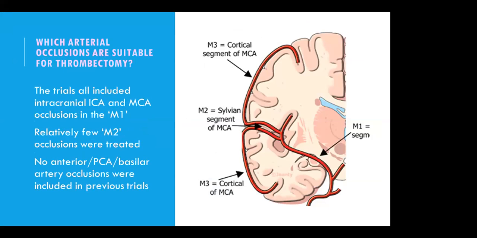All the trials included intracranial internal carotid artery and MCA occlusion in the M1, and relatively few M2 occlusions were treated because they are quite distal, and no anterior cerebral, PCA or basilar artery occlusions were included in the previous trials. So at this moment, we are looking into internal carotid and M1 segment and rarely the M2 segment.